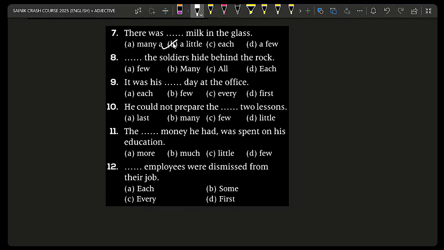Dash the soldiers hide behind the rock. Few the soldiers. Will you say it like that? Few the soldiers.